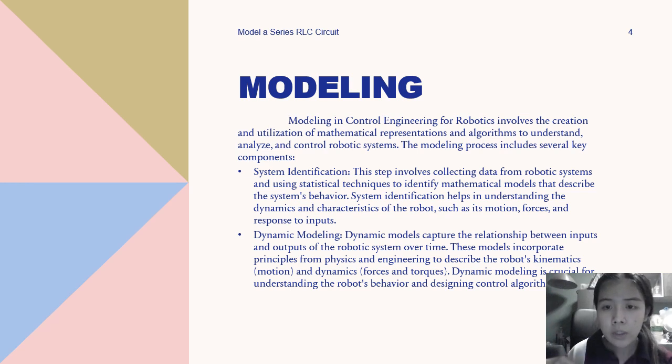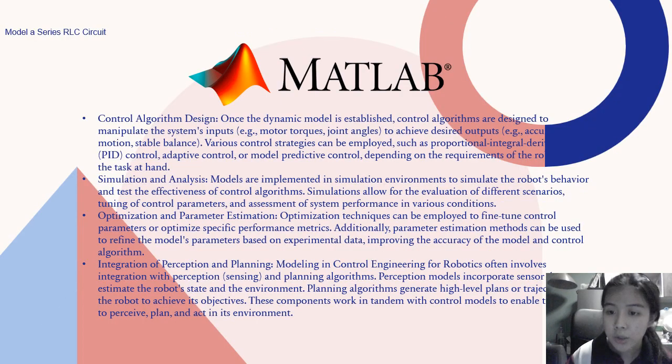The model incorporates the principles of physics, the physics for engineering, such as kinematics or motion, and dynamics or force and torque. So dynamic modeling helps us understand the robot's behavior and decide the control.